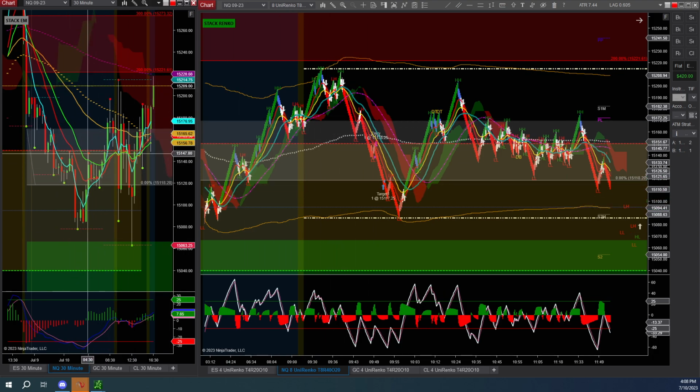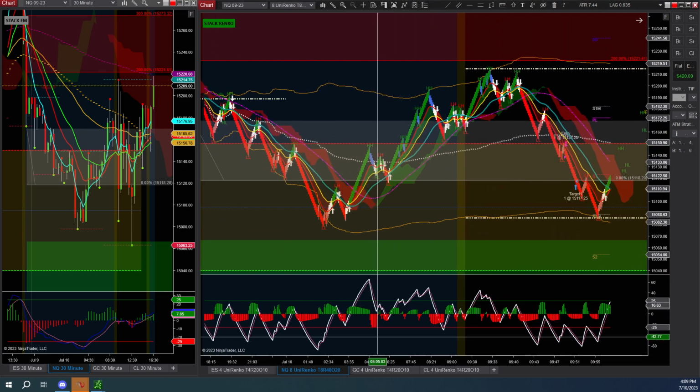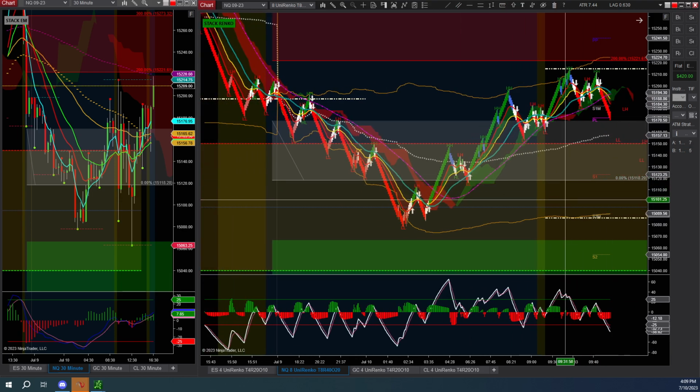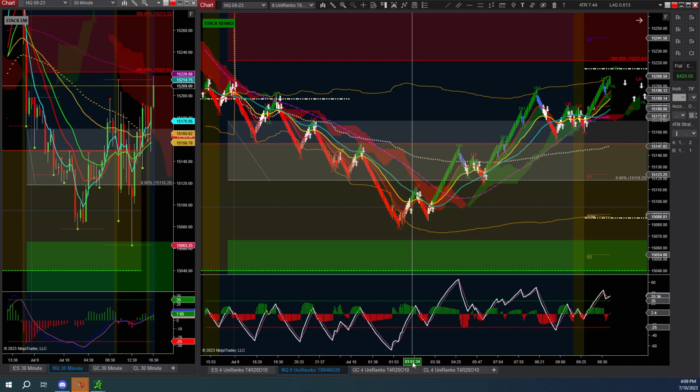Obviously, I don't do it in the 30 minutes, so I do it in a combination of other charts that I have. But basically, you do have here that pivot high, that pivot right there.